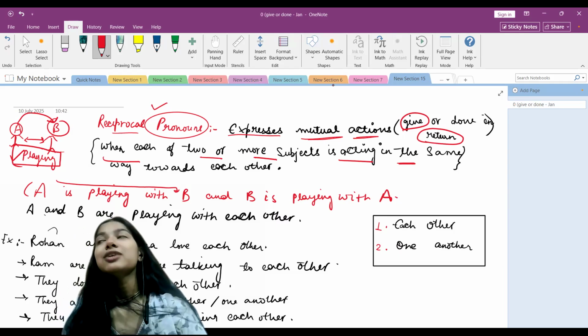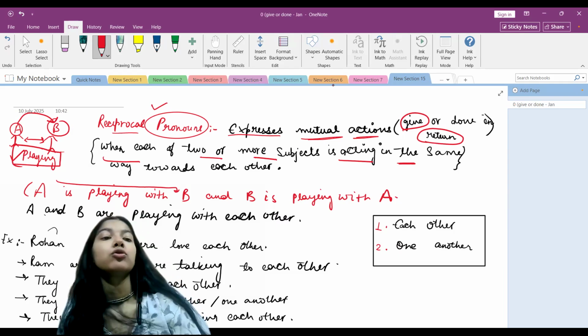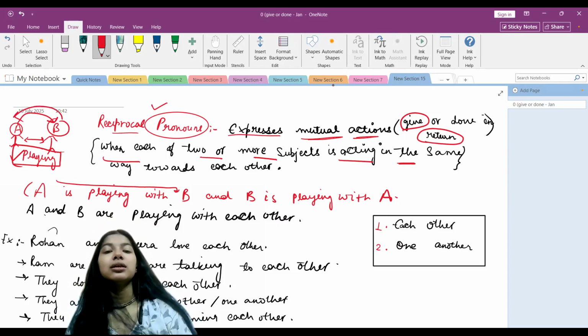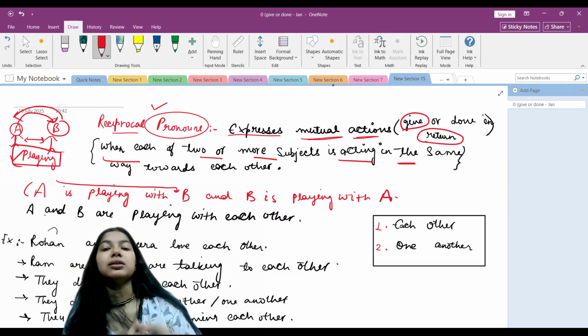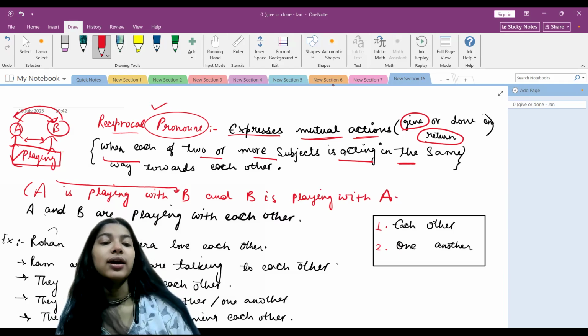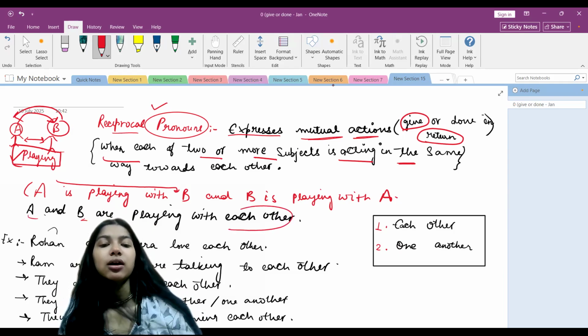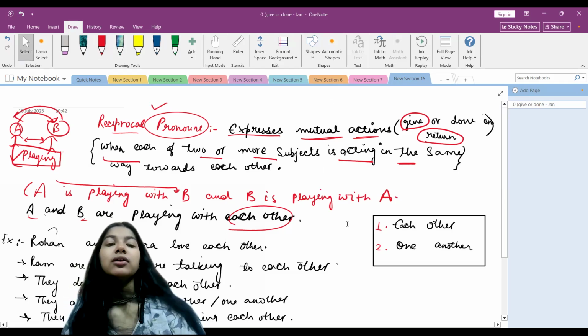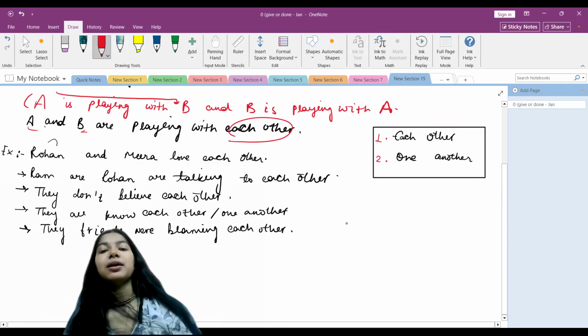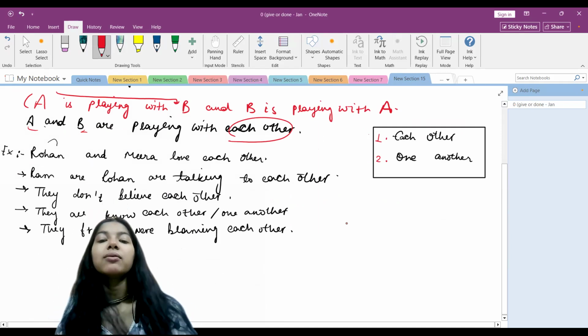Not only is A playing with B, B is also playing with A. So this is the subject when two or more people are acting in the same way. So A and B are playing with each other. So it can be the pronoun where both of the persons are playing with each other.